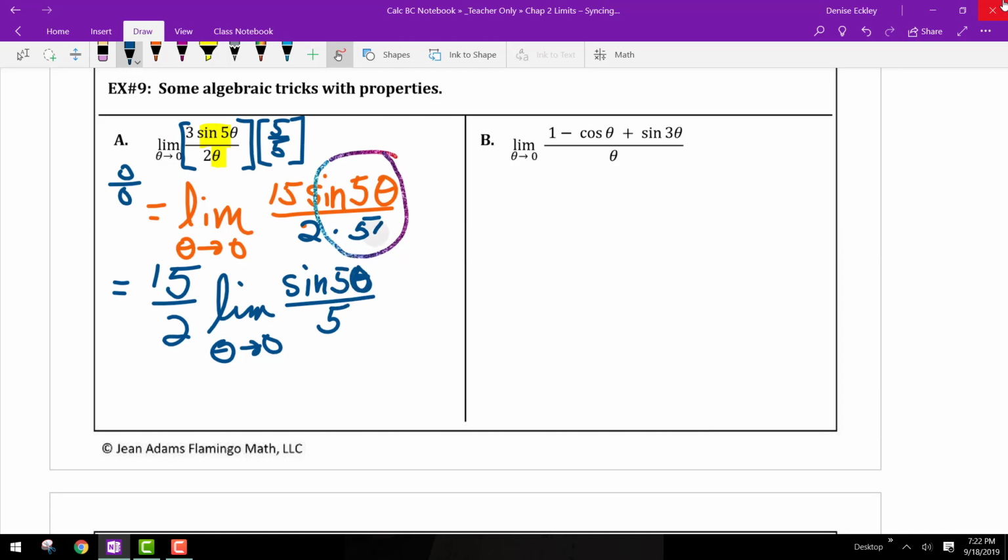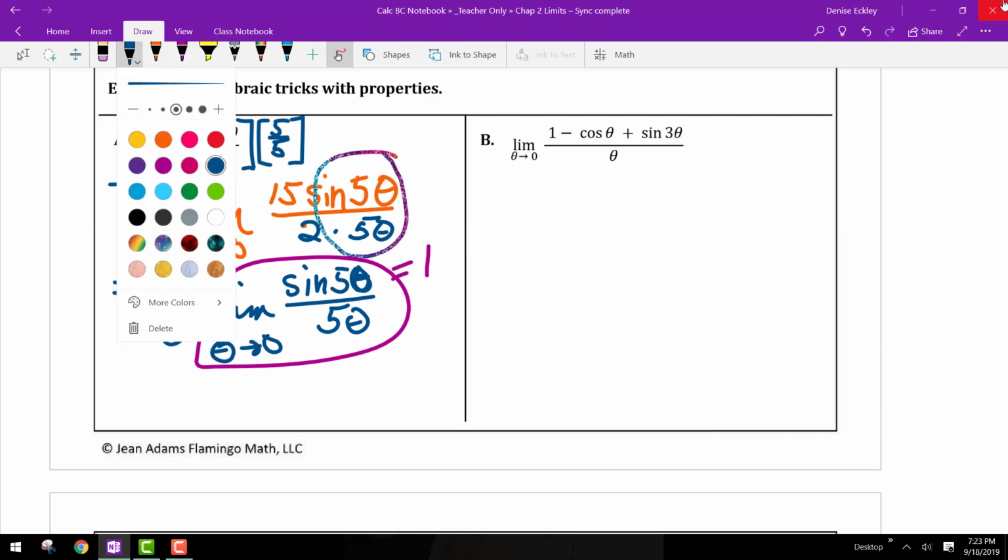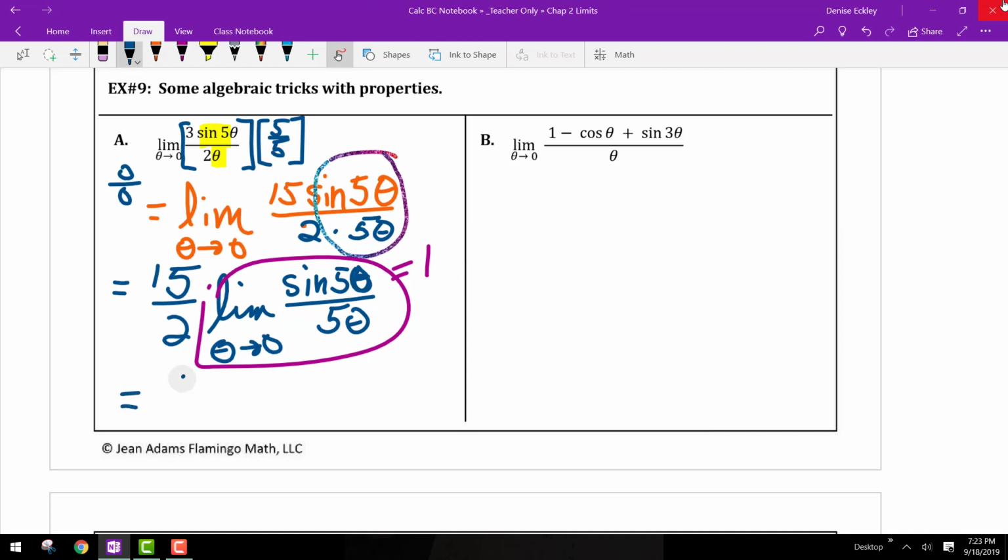I'm sorry, I lost the theta there. Apologies for that. Now this has the proper form, so I know that this limit equals 1. So I have 15 over 2 times 1, which gives 15 over 2.